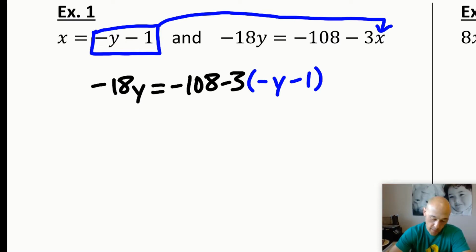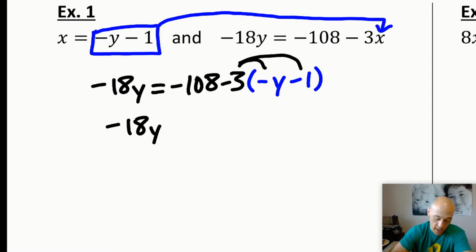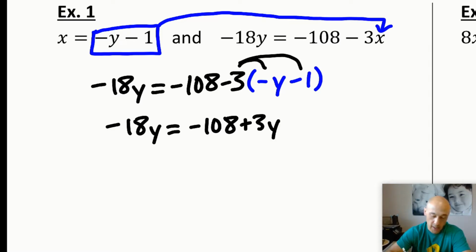And so our first step here can be to distribute that negative 3. So we'll have negative 18y is equal to negative 108. And then negative 3 times a negative y is plus 3y.